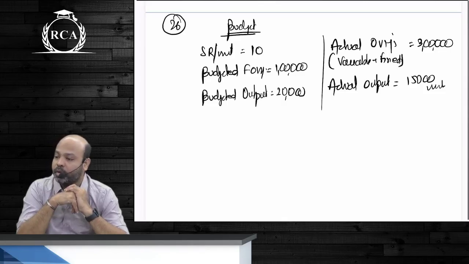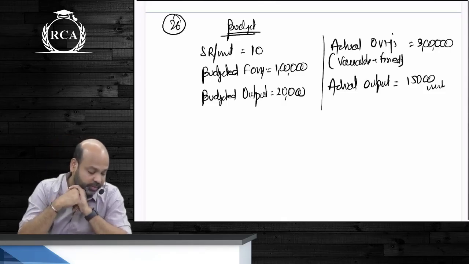We won't be able to compute variable overhead efficiency and variable overhead expenditure variance separately.